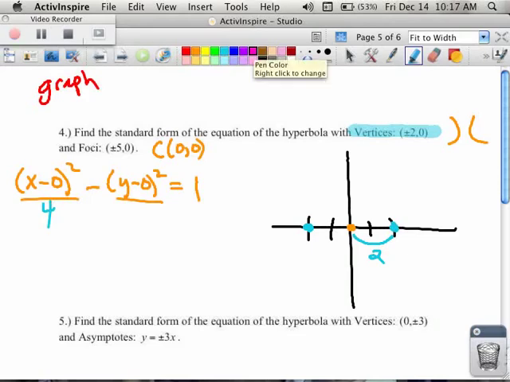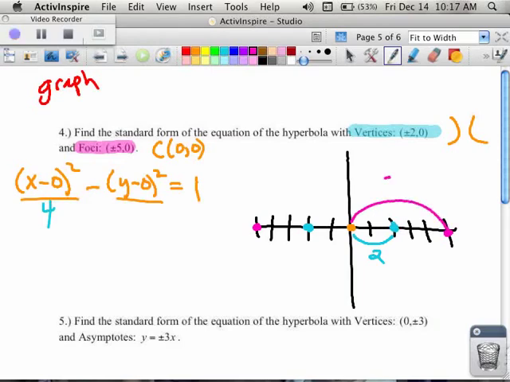So close. And now I have another piece of information that will also be helpful. I notice that they tell me where the foci are. So I go to write down my foci. 1, 2, 3 more. 1, 2, 3 more. And with my foci, that gives me another piece of information. That gives me this distance, which is 5, which we know as c.